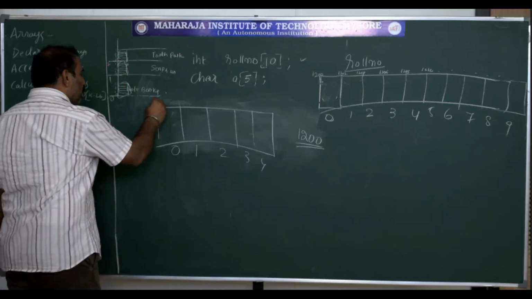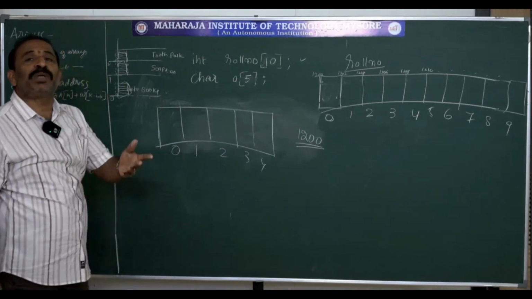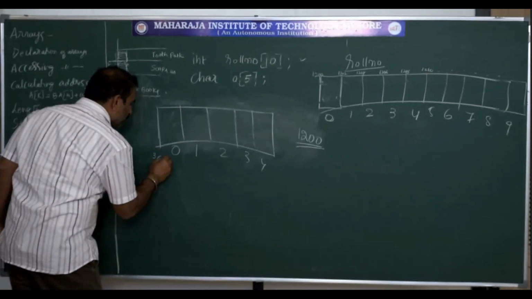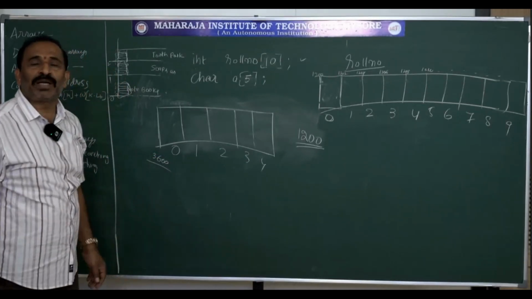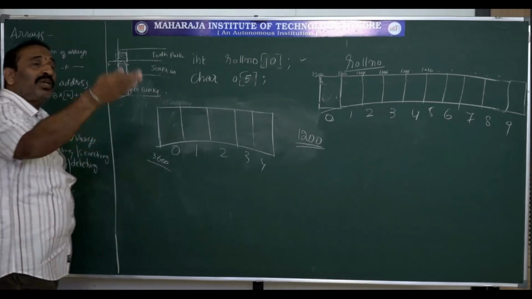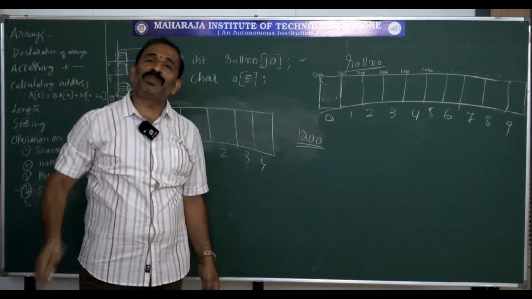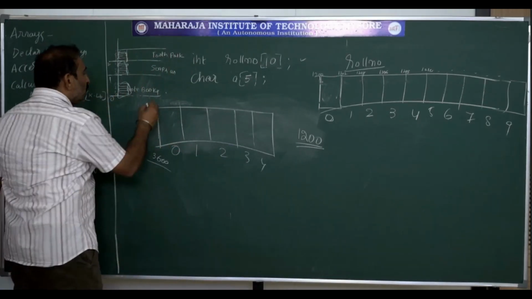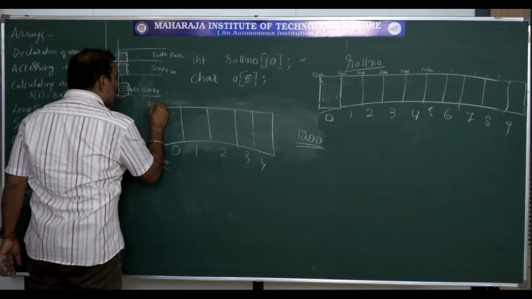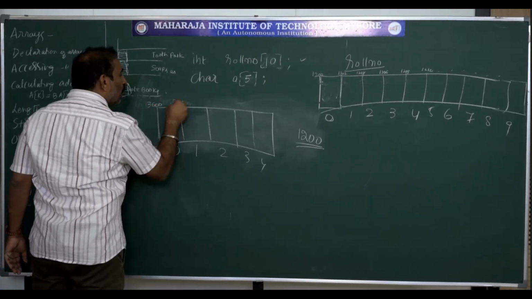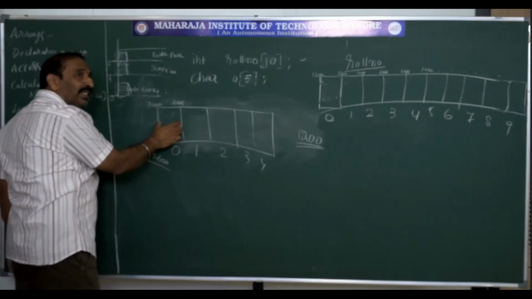Similarly, assume that you have been given a space somewhere near 3600. I am taking some arbitrary number, right? Just like first floor, second floor, like this. This is the location at which you have been given space by the operating system. Then this will be at 3600. Tell me, where is this? This is at 3601 because this is taking 1 byte.